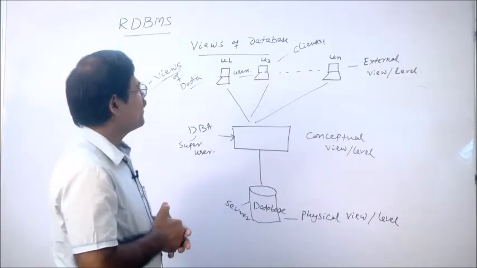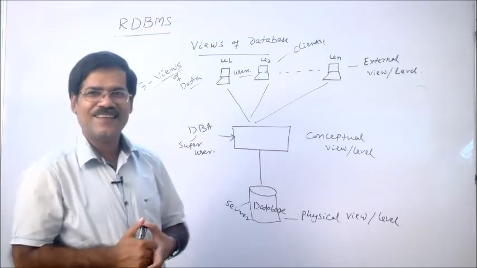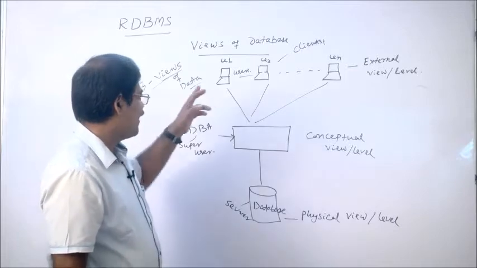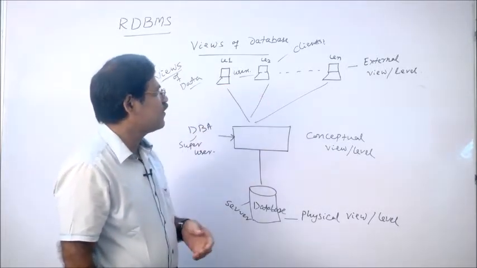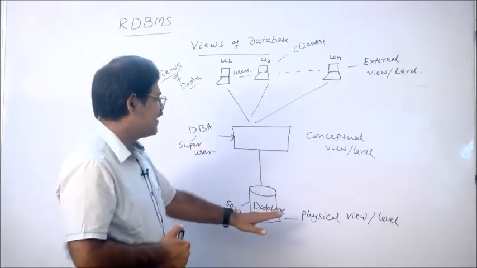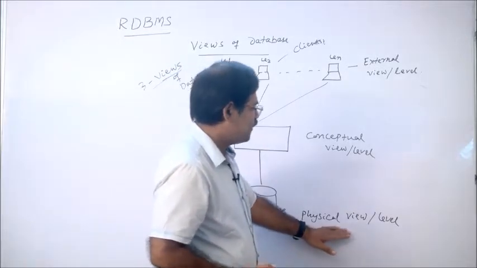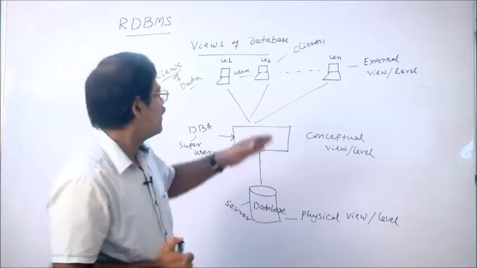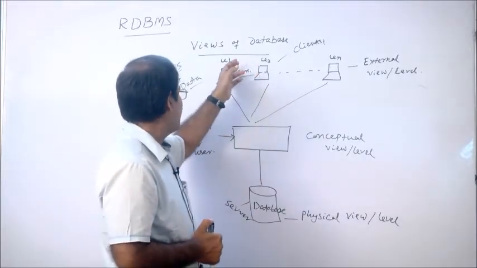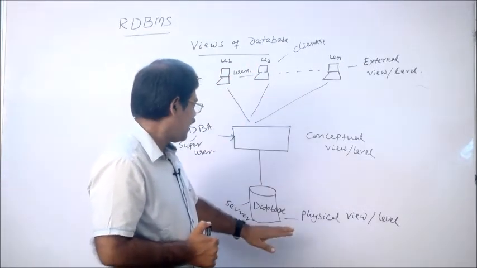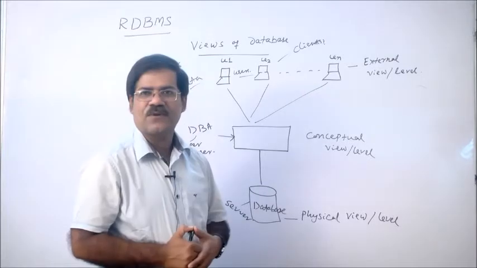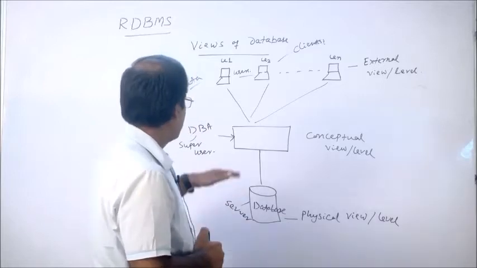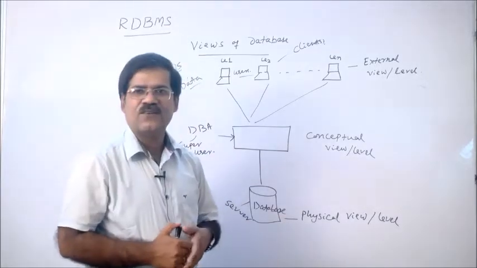Now we discuss views of data. Basically there are 3 views of data, or 3 levels of data. In the upper level there are n number of users, and there is a database, which is called the physical view or the server, in the lower level. The middle level is controlled by the DBA, that is called the super user.